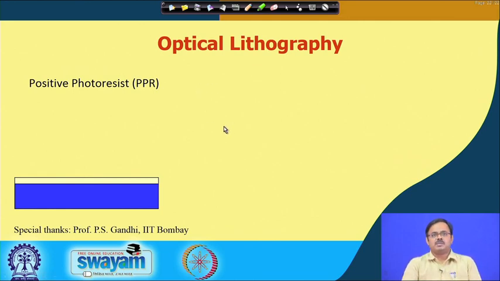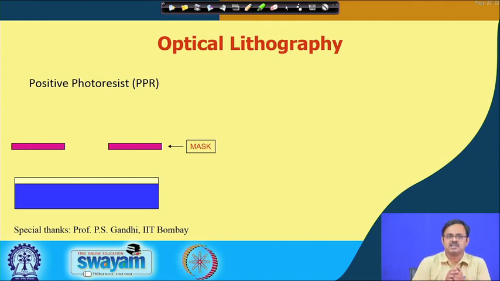Then we have what is called a mask, or an optical mask. What is an optical mask? It is just like a face mask. It has some kind of pattern with certain holes, through which, for example, with a face mask, we can see and breathe and sometimes even talk.